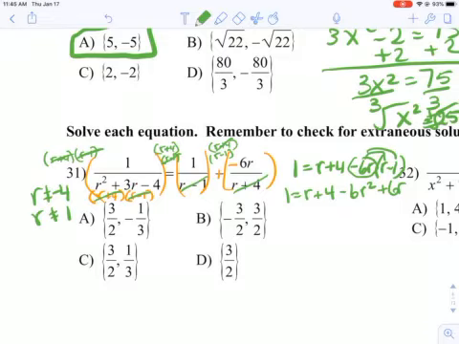So this is a quadratic, so we're going to just move everything over. So we're going to subtract a 1. So we have 0 equals negative 6r squared plus 7r plus 3.